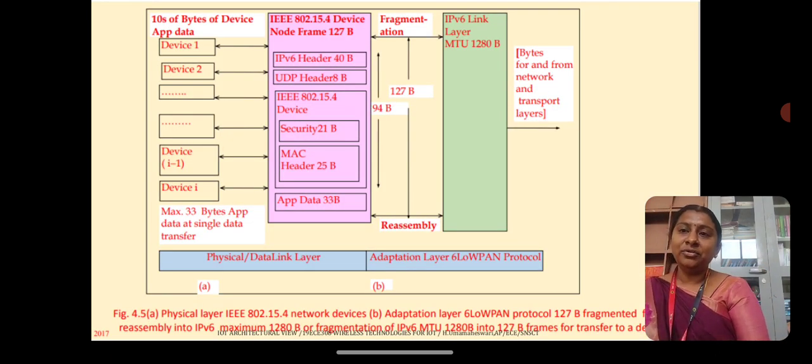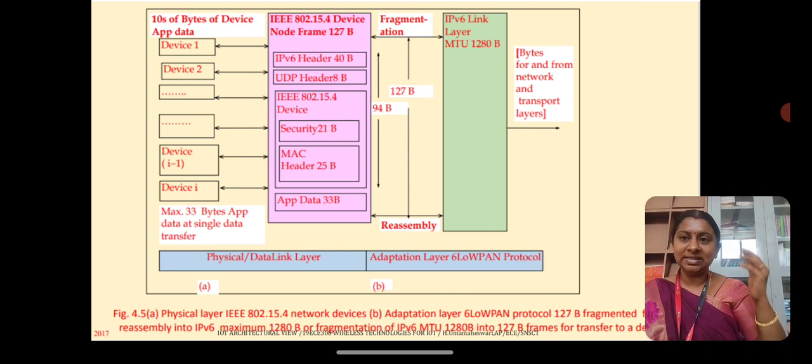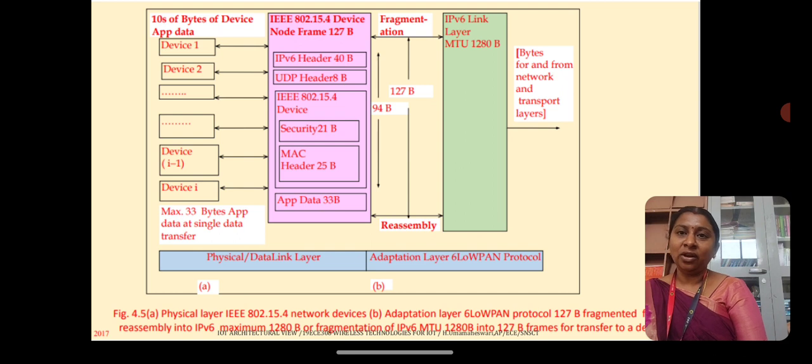This is the 6LoWPAN protocol's adaptation layer, which consists of various devices from device 1 to device n at the source end. At the destination end, we are using Internet Protocol version 6, which is mainly used for transferring bytes from and for the network and transport layers.